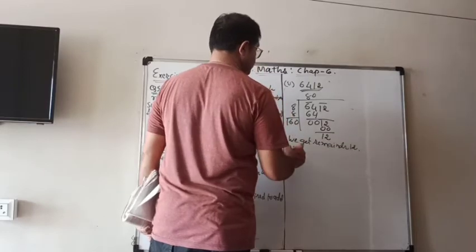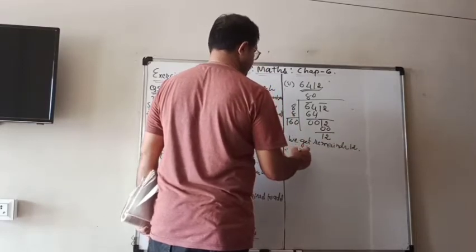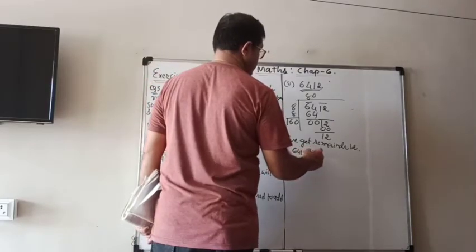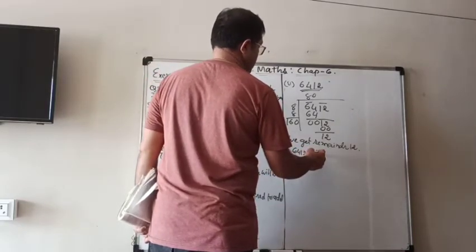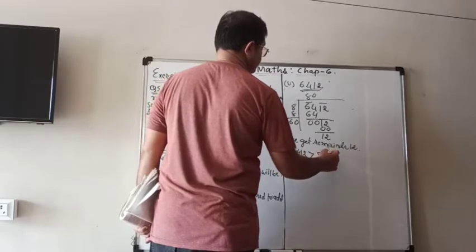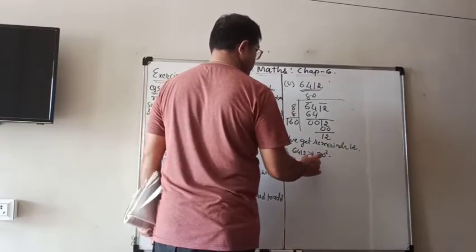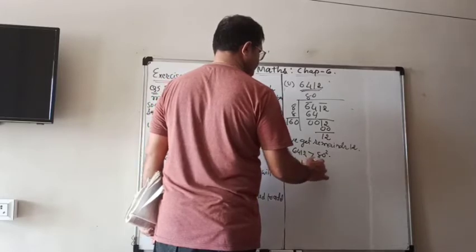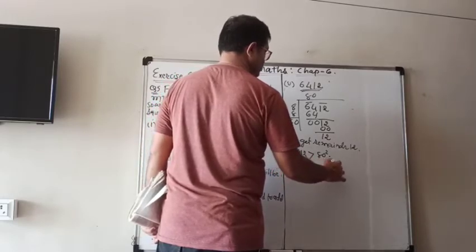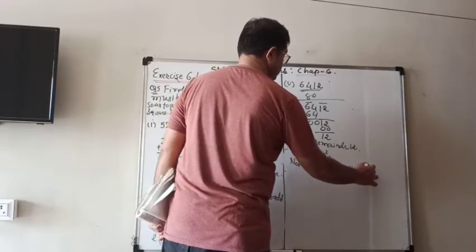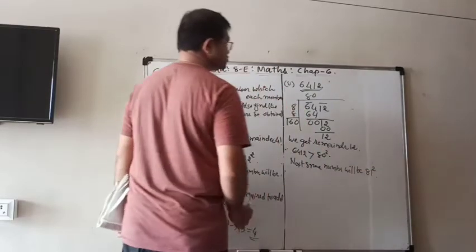It means that 6412 is greater than 80 square. So the next square number will be 81 square.